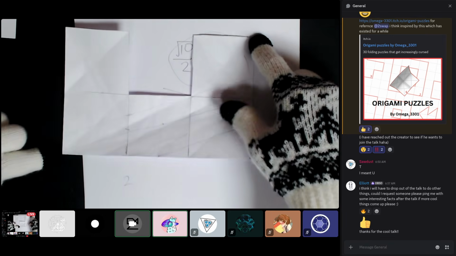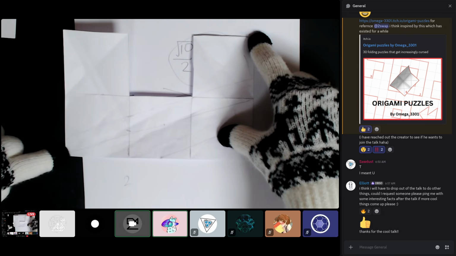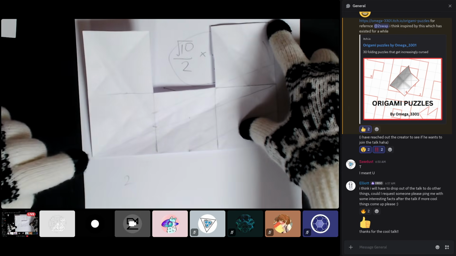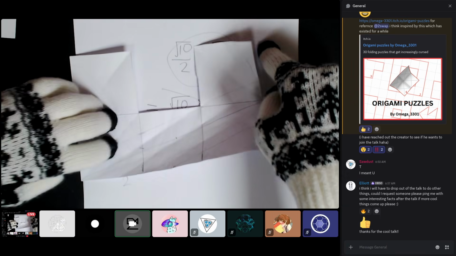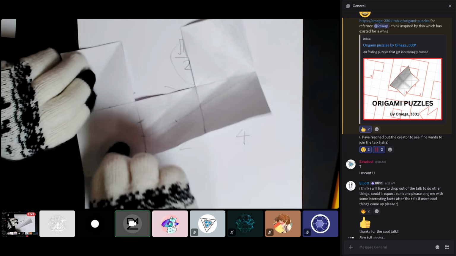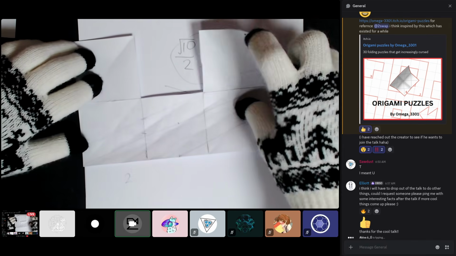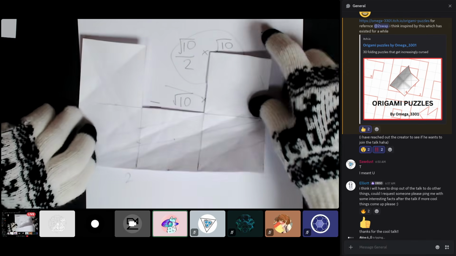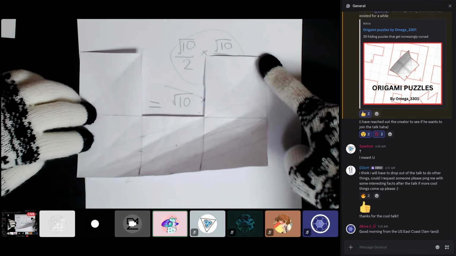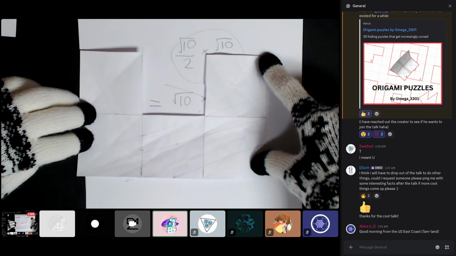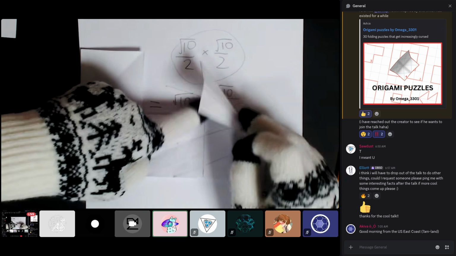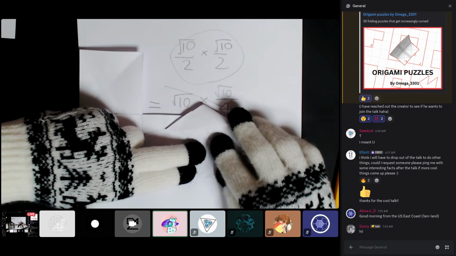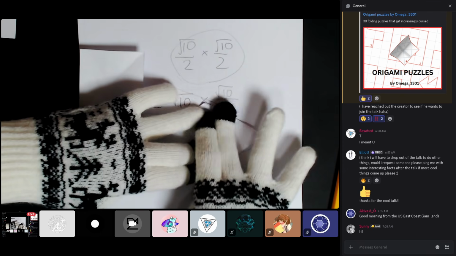Perhaps write the coordinates. So this is 0, 0, and this is 3, 2. You want to fold 3, 2 down to where? 0, 2? I'm sorry, does that accomplish anything?